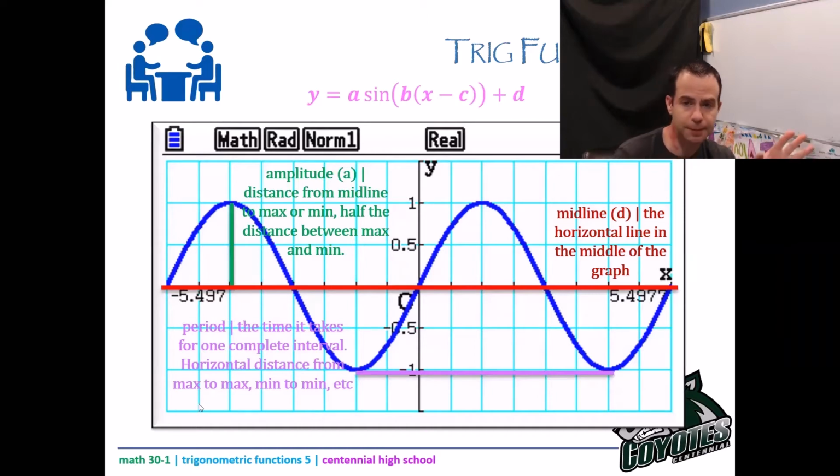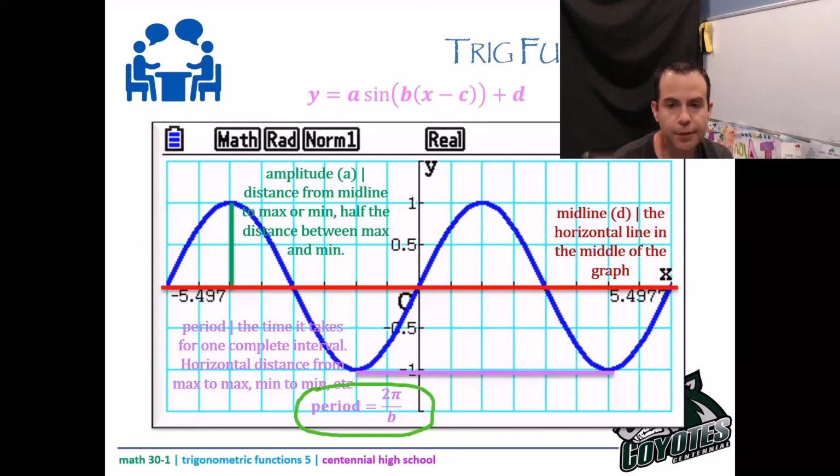Now the relationship here is with the b value, and what happens is the period of a graph will be 2 pi divided by b, okay? The period of the graph will be 2 pi divided by b. This is not something that's given to you on a formula sheet, so it is something you should commit to memory, okay? The period of the graph is 2 pi divided by b. Likewise, b would be 2 pi divided by my period, okay? Depending on which one we have and which one we want, we can state that in either way.